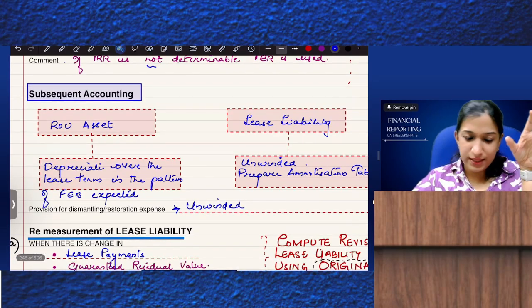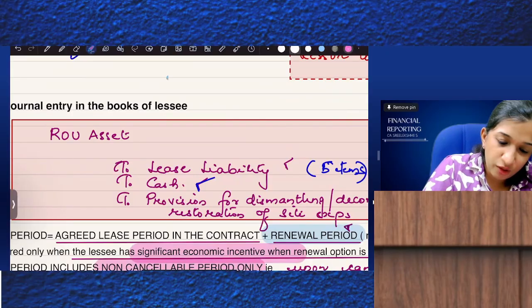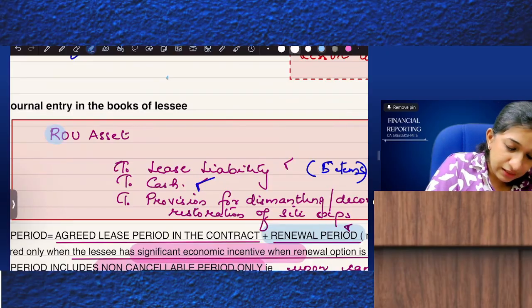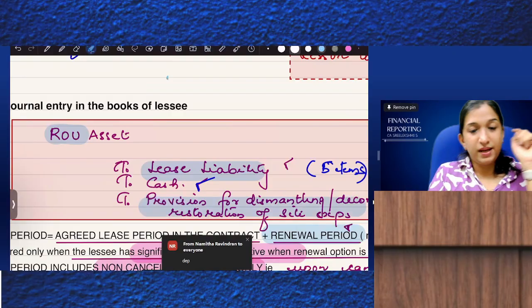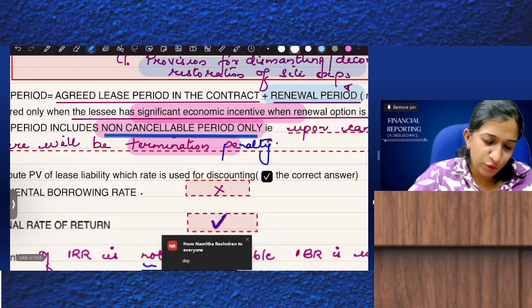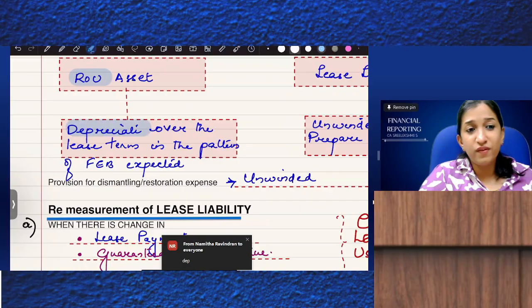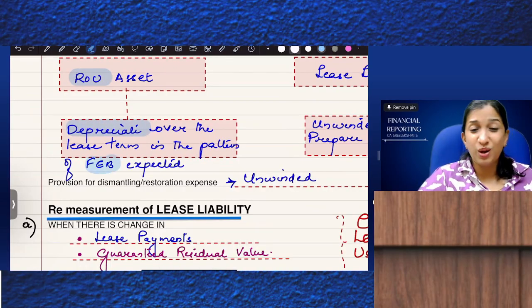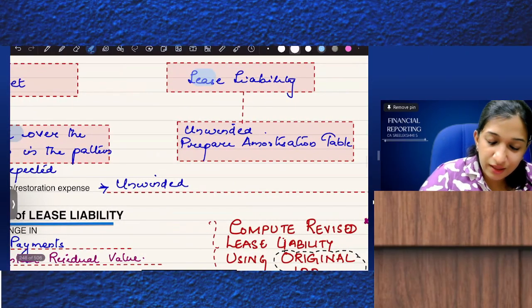So ROU asset, lease liability, subsequent accounting will be there for ROU asset, lease liability and provision for dismantling. ROU asset, you all know, will be depreciated over the lease term in the pattern of future economic benefits. That's it. What about lease liability?